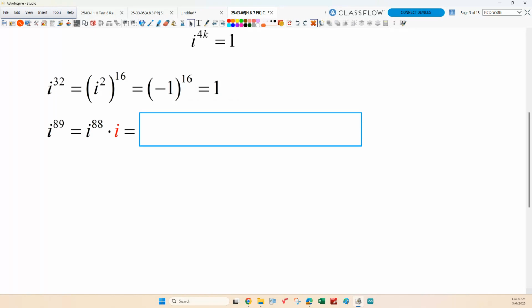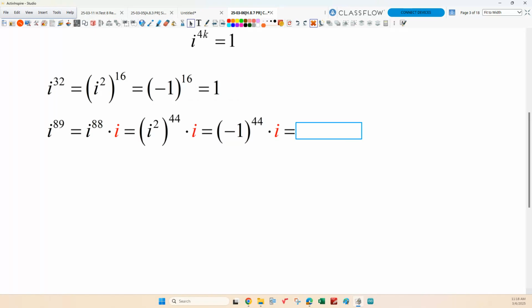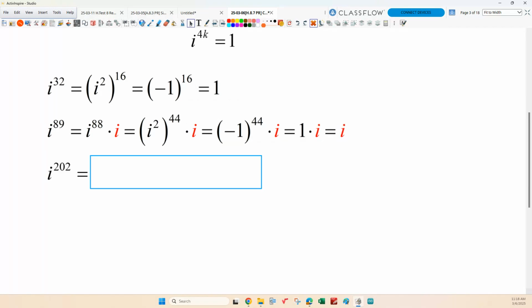The 44, right? I'm going to get I squared to half of 88, which is just negative 1 to half of 88. So what do I end up with then? Negative 1 to an even power is 1, times I is I. Get the idea?